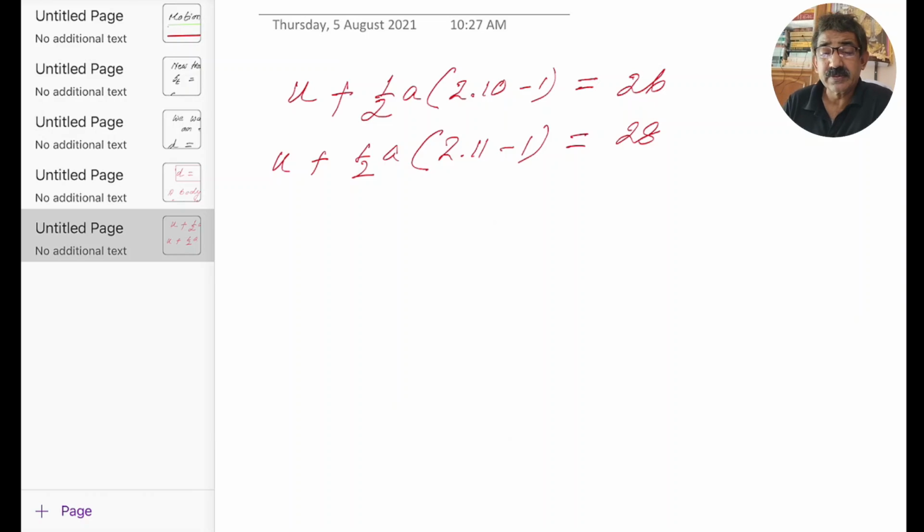So we have two equations and two unknown variables. It is very easy to deduce the unknown variables u and a by solving these two equations.